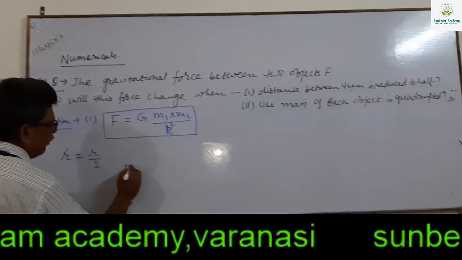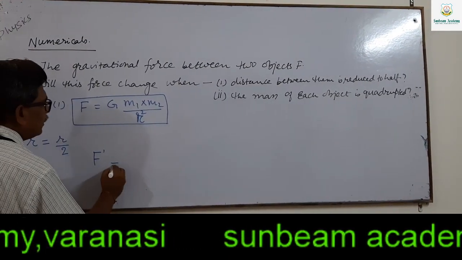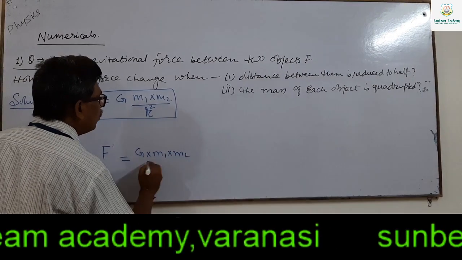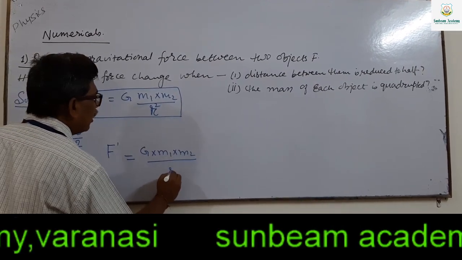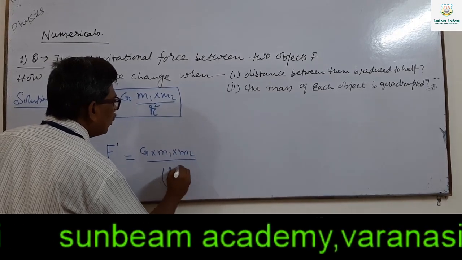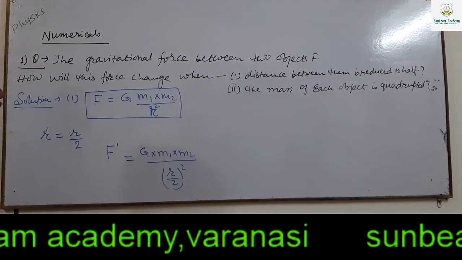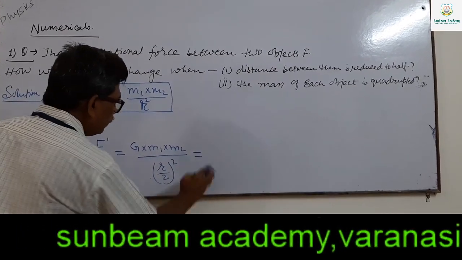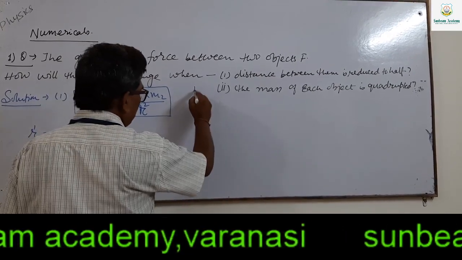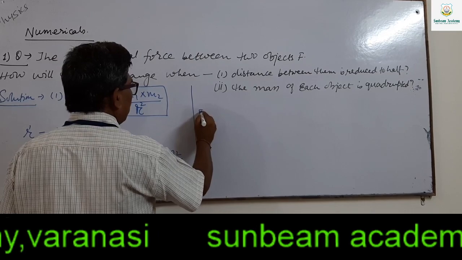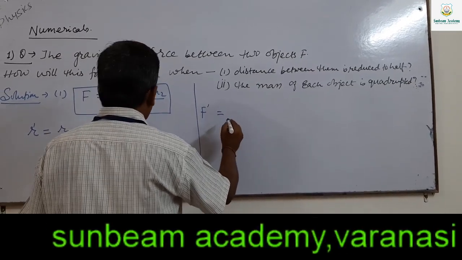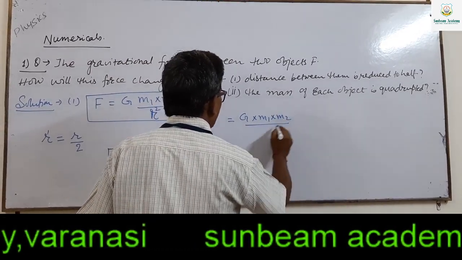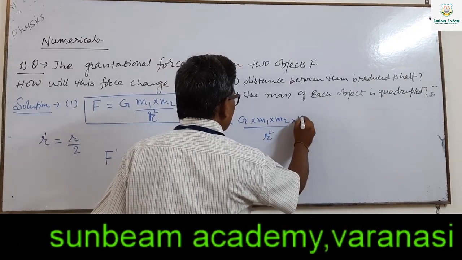Now let us see how the gravitational force changes. F dash is equal to G into m1 into m2 upon r by 2 whole square. What you will see? This will become F dash is equal to G into m1 into m2 upon r square, and this will become 4.